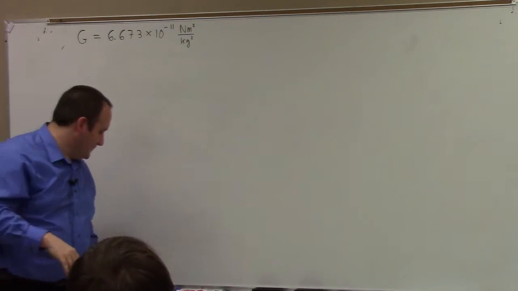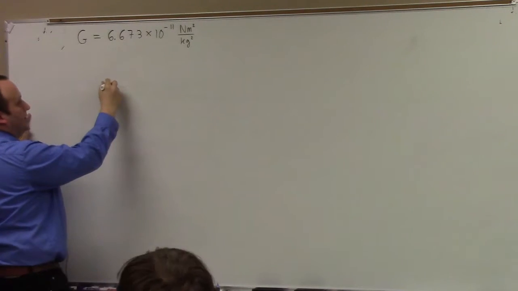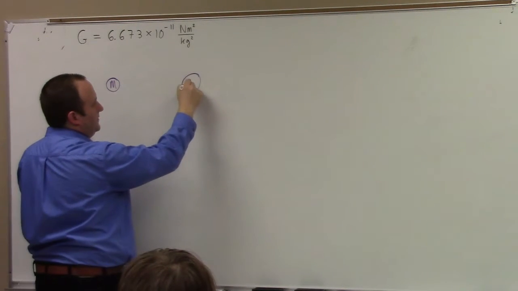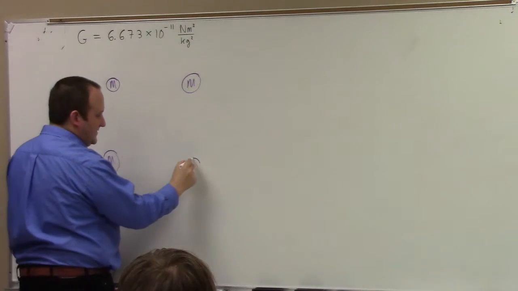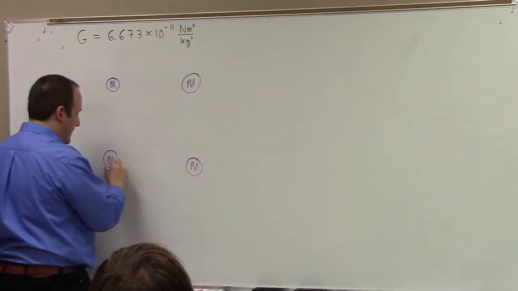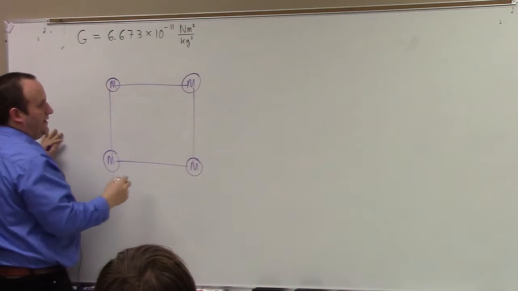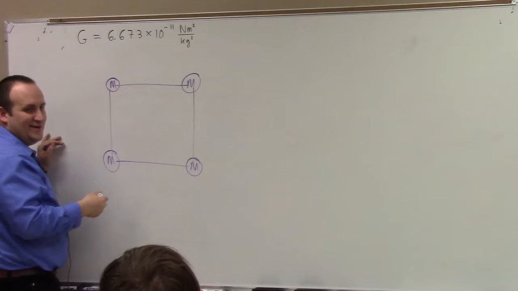Let's see here. Another example, a popular example, something like this. I'll try to keep this fast. Just to keep it simple, I've got 4 equal masses, like so, on the corners of a square. And what do you want the side length of the square to be? 1?